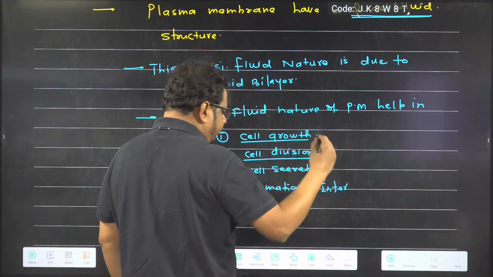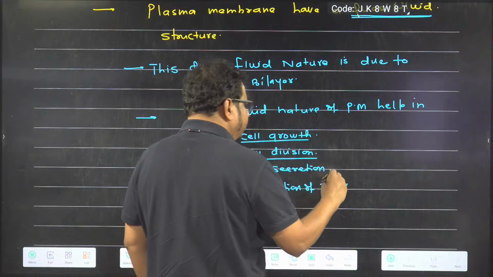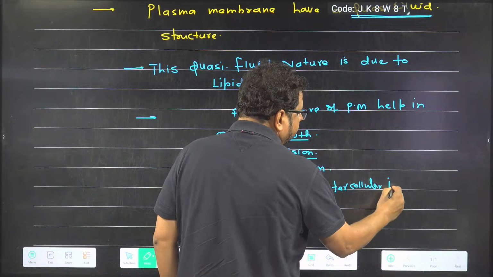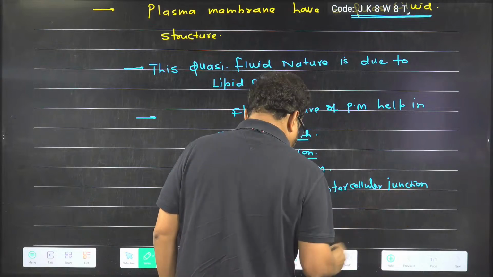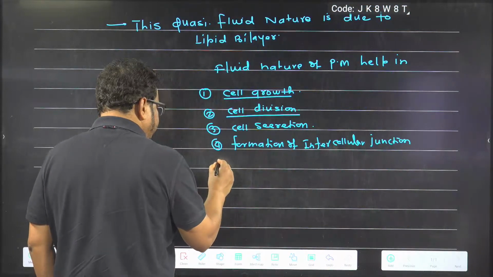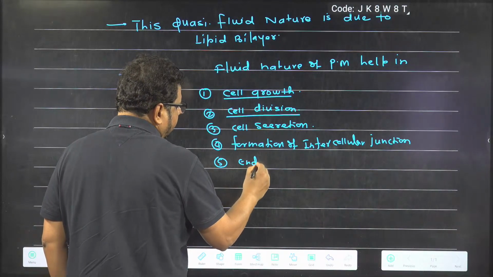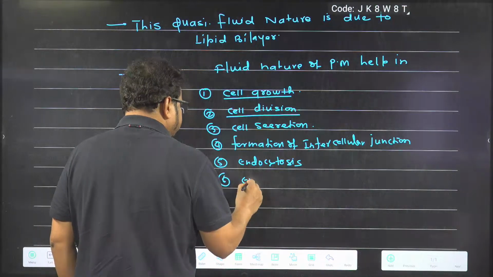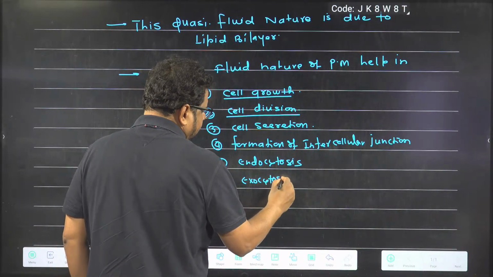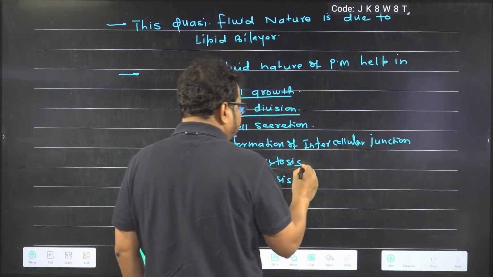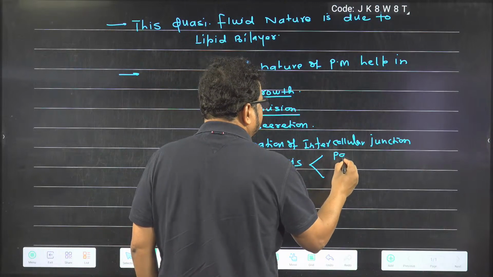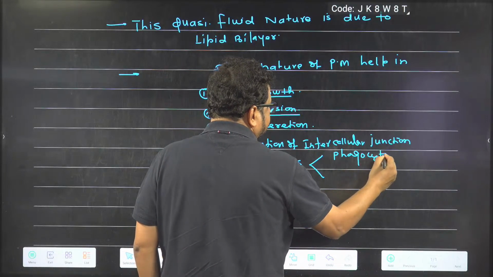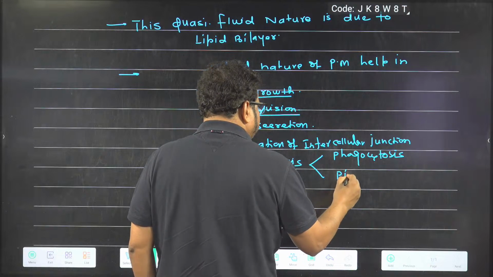What is intercellular junction? Zoology sir will teach you in animal tissue. Intercellular junction, and endocytosis, exocytosis, etc. Endocytosis is of two possible types, phagocytosis and another one is pinocytosis.